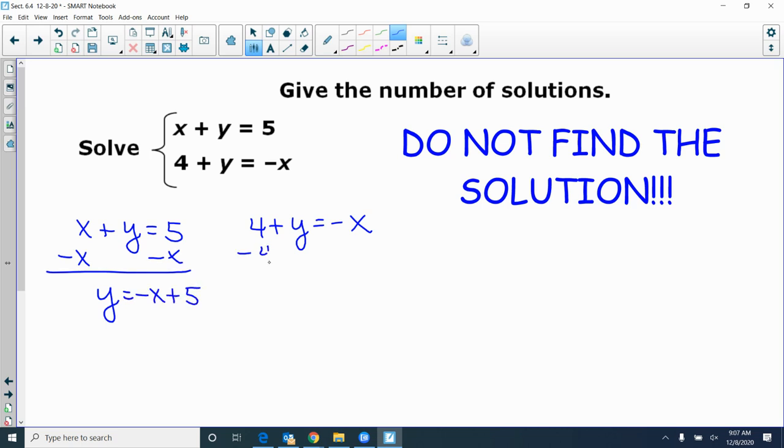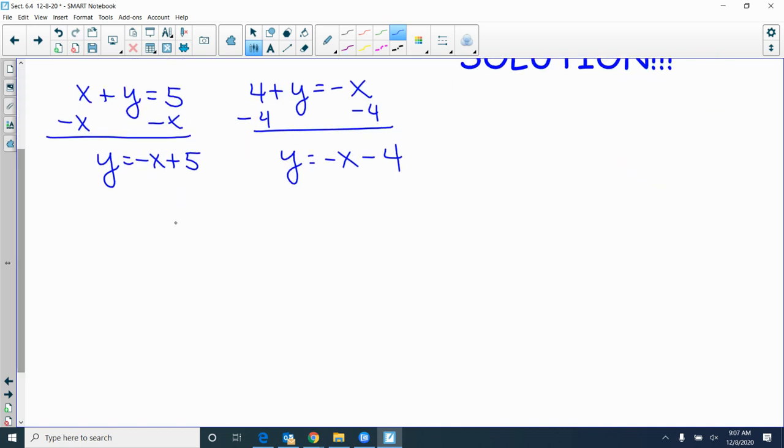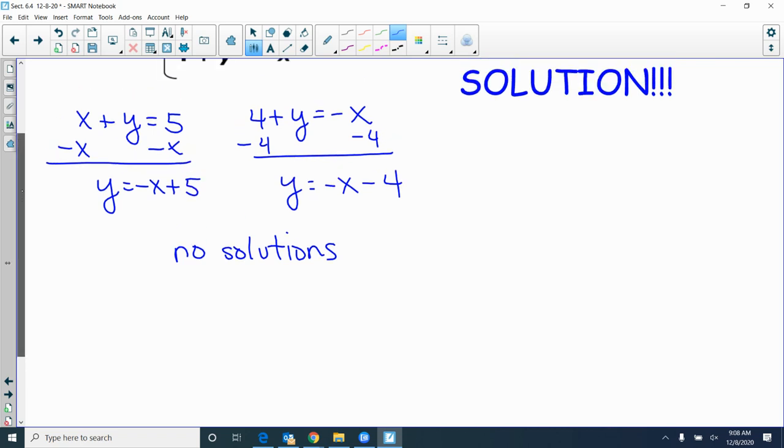And for this one, I want to subtract 4, and I get negative x minus 4. All right, from that information, Brett, what do you think? One solution, no solutions, or infinite? No solutions. You have the same slope, but different y-intercepts. If they're the exact same line, it'd be infinite solutions. So that's going to be no solutions.